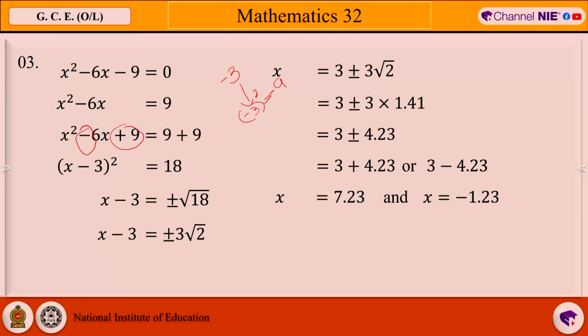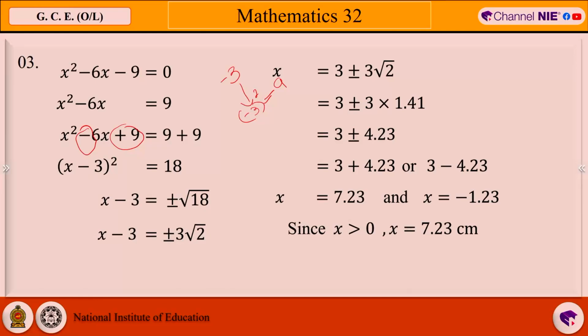There are two answers, but we have to reject one answer because it is a negative answer. In the given figure, we are talking about the radius. Radius is a length. It cannot be a negative value. So, we can reject x equals minus 1.23.